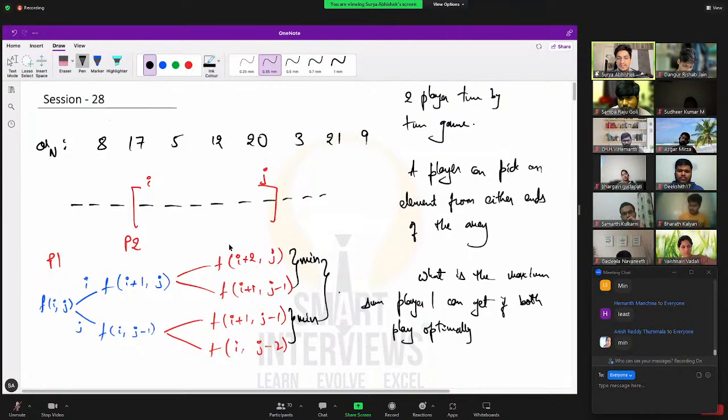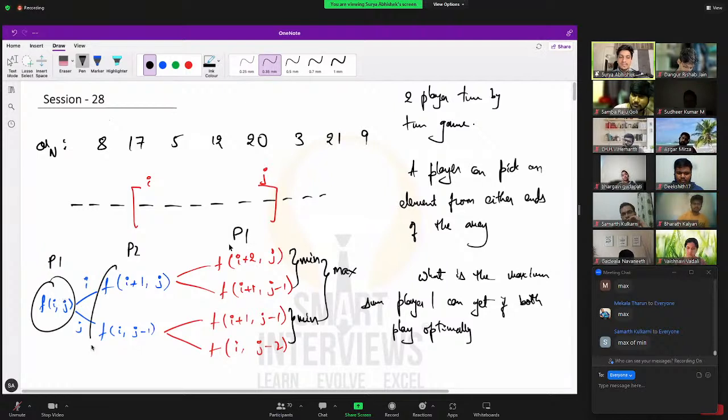So obviously for us, out of these two minimums, we want whichever is the max. That is what we want. So for the current player, this is not his subproblem, that is the opponent's subproblem.